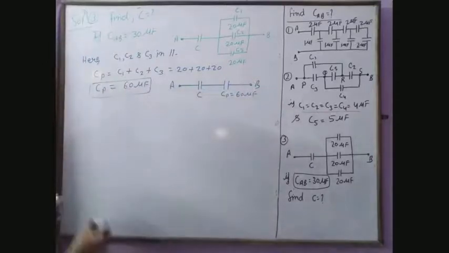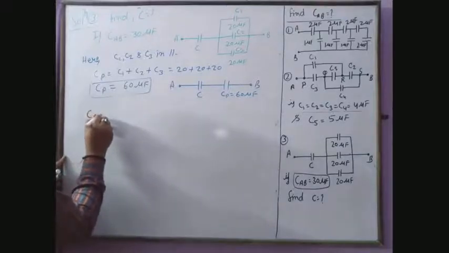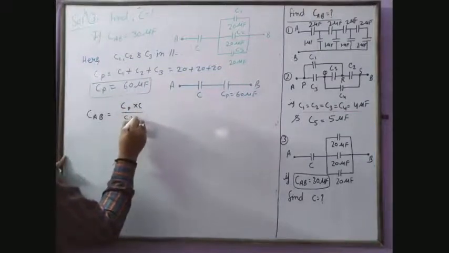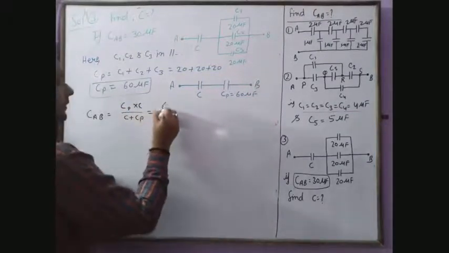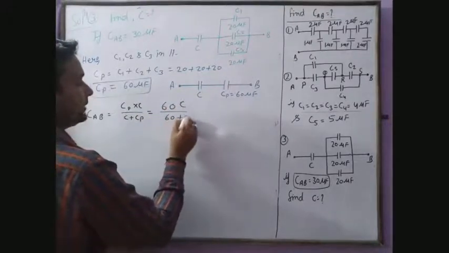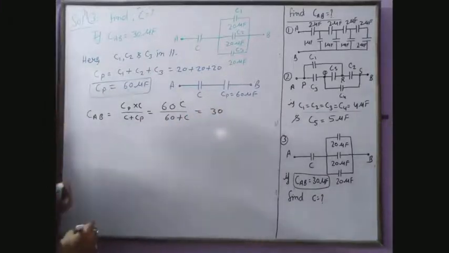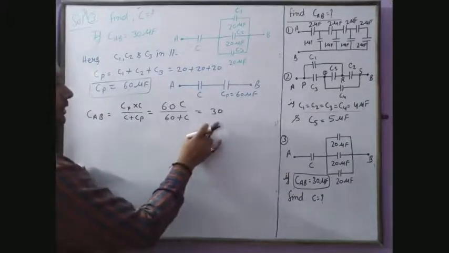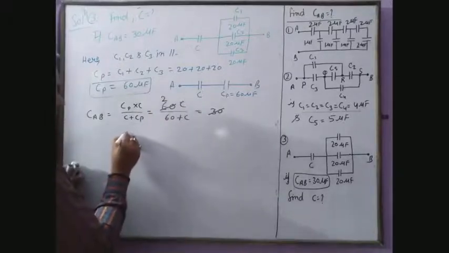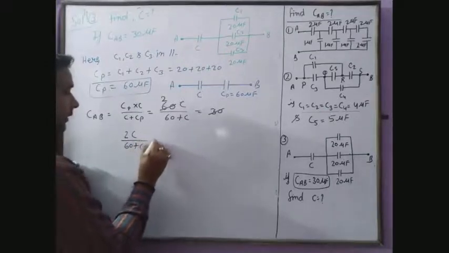Okay. Now CAB is equal to Cp into C upon C plus Cp, which is 60 into C upon 60 plus C, and this value we have is 30. Okay, now you can easily calculate from here that 30 cancels this by 2 times, so we get 2C upon 60 plus C equal to 1.